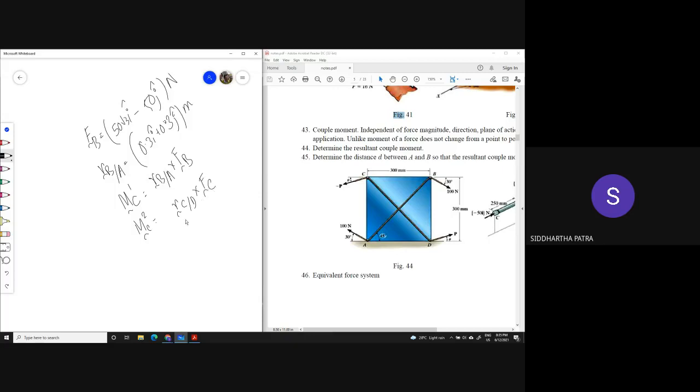And the sum of these two moments should equate to 0. Of course, since the forces and the position vectors are on the xy plane, the resulting moment would be along the z direction. So the couple moment in each case would be along k cap, and don't forget to put the units.